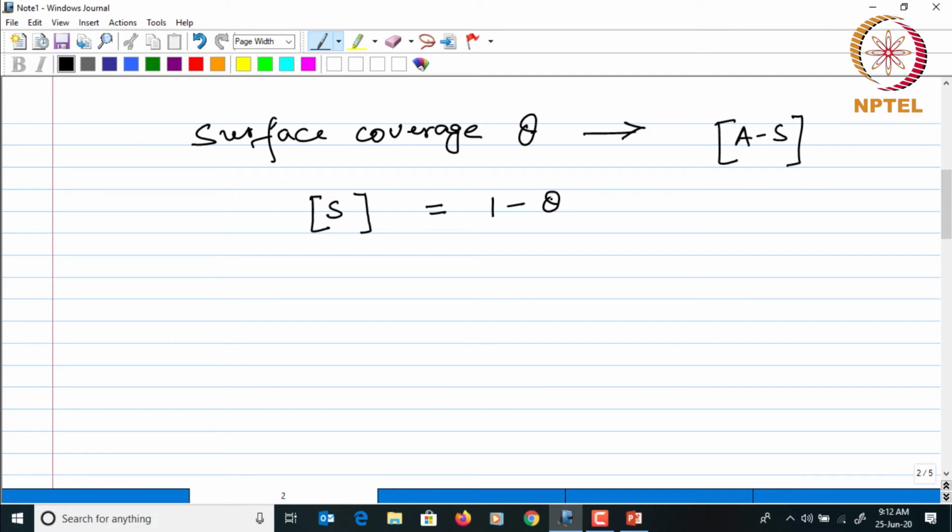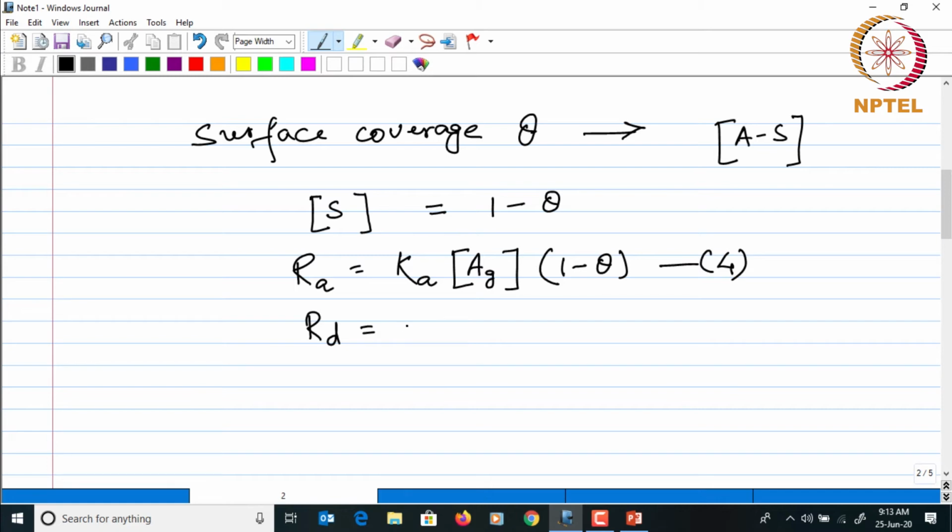So therefore equations 2 and 3 can be written as this, okay?